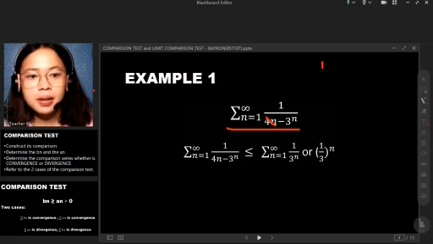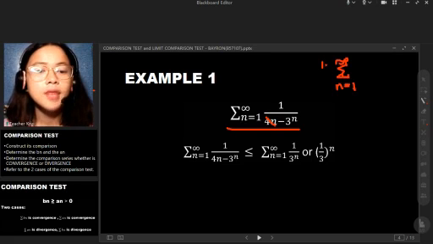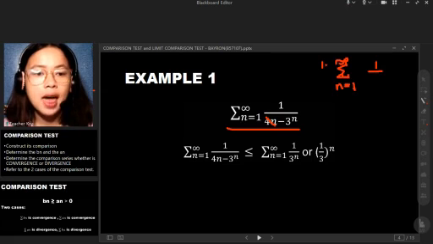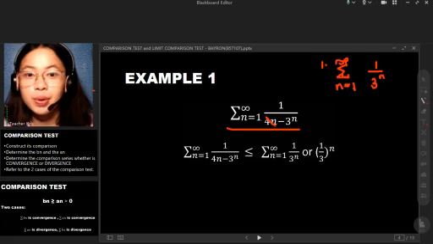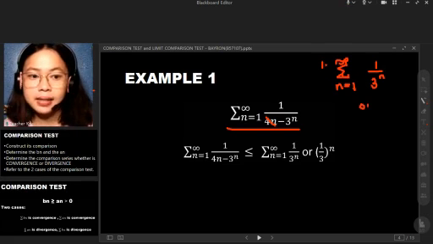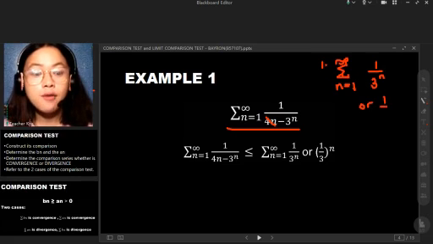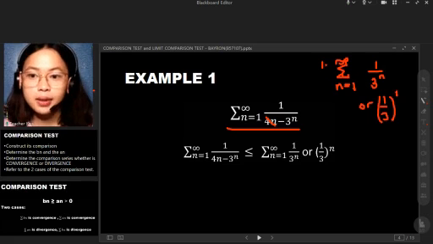So its comparison was the series from n equals 1 to infinity of 1 over 3 raised to the power of n. And this 1 over 3 raised to the power of n can also be written as (1/3) raised to the power of n.